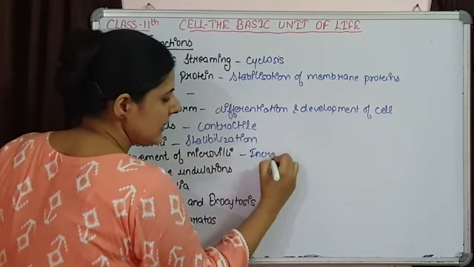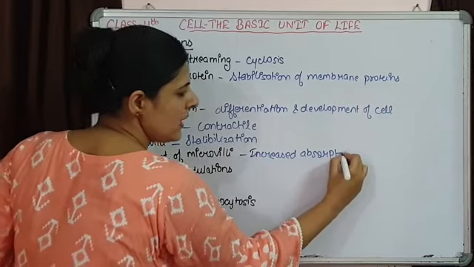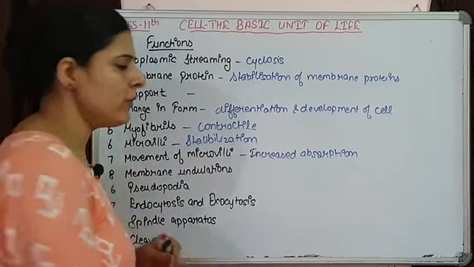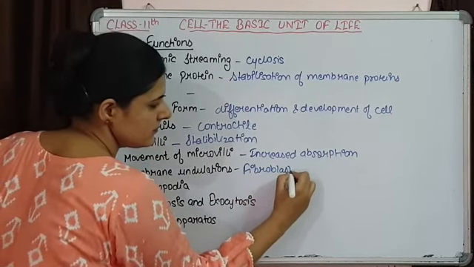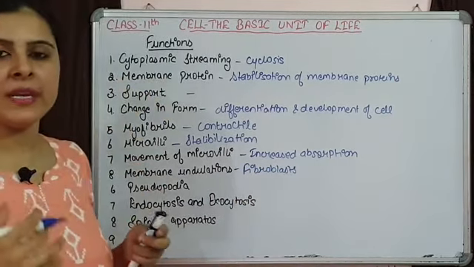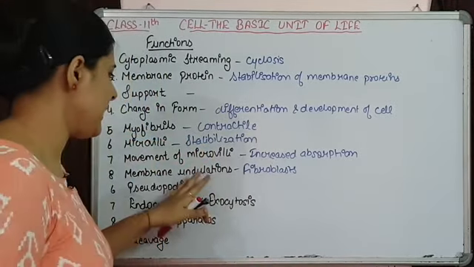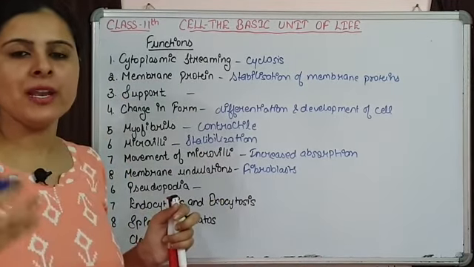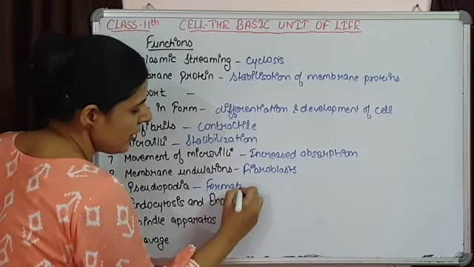So for increased absorption, these microfilaments are responsible. Then membrane undulations: in fibroblast cells, the plasma membrane shows undulation, and that is because of these microfilaments. Then pseudopodia: the formation and retraction of pseudopodia occurs because of these microfilaments.